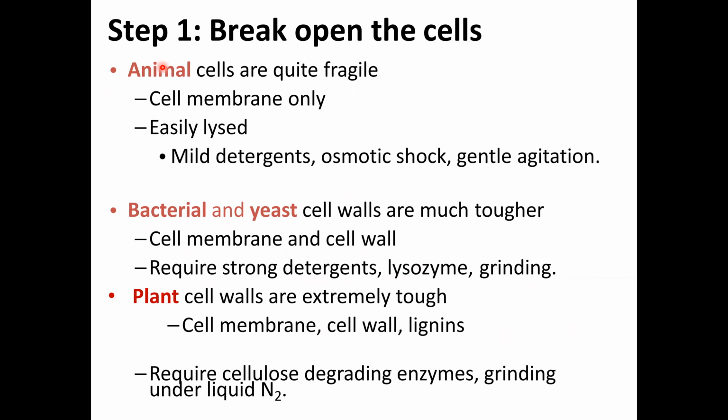Compared to animal cells and bacterial and yeast cells, plant cells are extremely tough. You need to break down the cell membrane, the cell walls, and the lignins. Because they are so tough, you need to use degrading enzymes and liquid nitrogen.